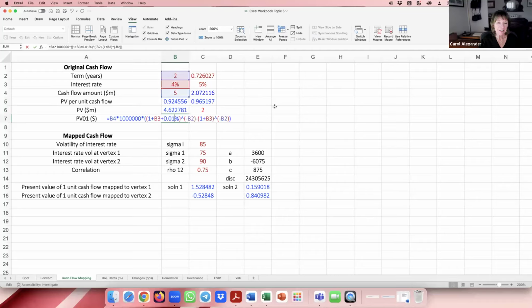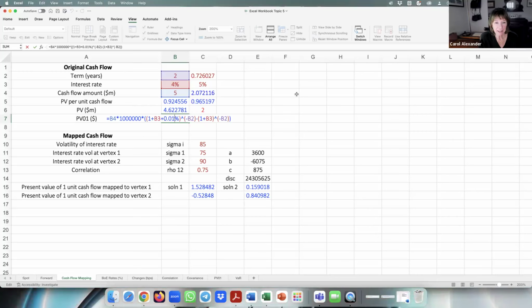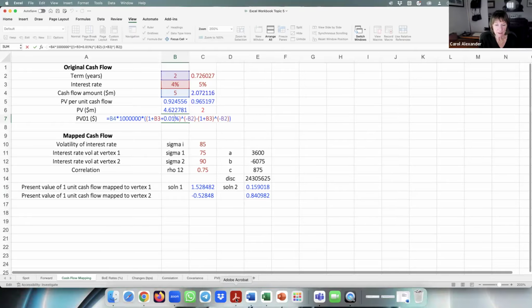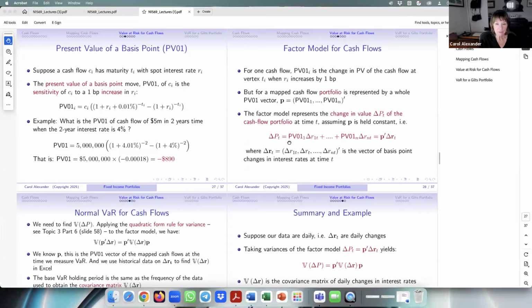And our PV01 is actually, without the rounding, 889, not 890, because you've got some pretty big figures here, and I didn't calculate them to complete accuracy on the slide. So let's go back here now.